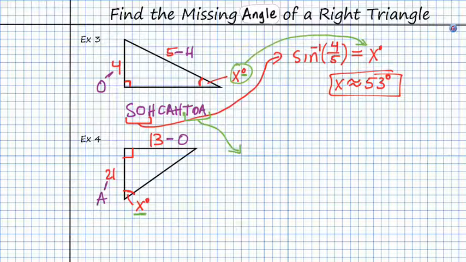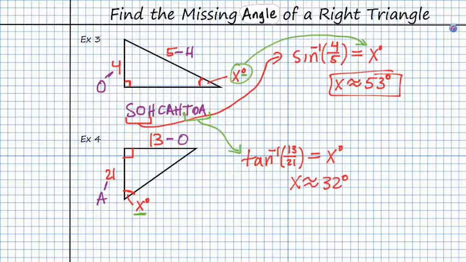So I say inverse tan, or tan to the negative 1, of something is equal to my x. And I know that tangent uses the ratio O over A. So I've got my opposite side, which I identified as 13, over my adjacent side, which is 21. Alright, and again, let's just plug this into our calculator.